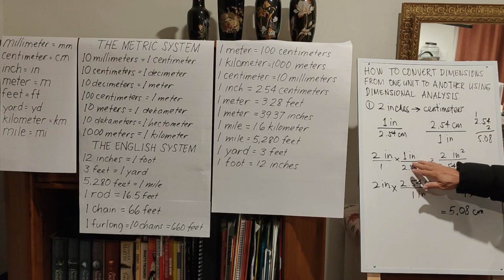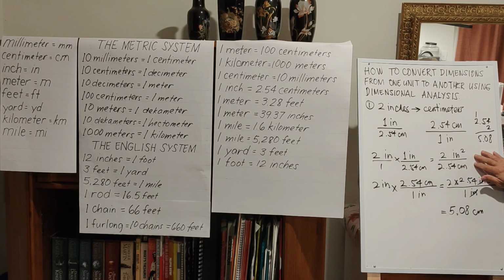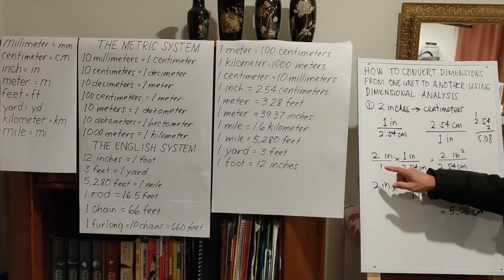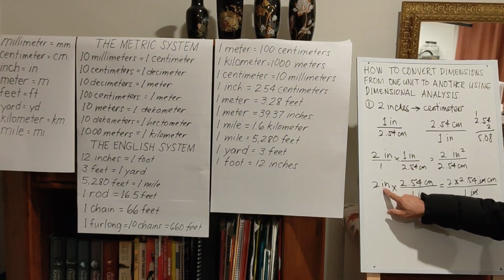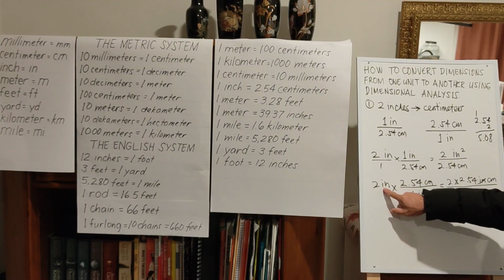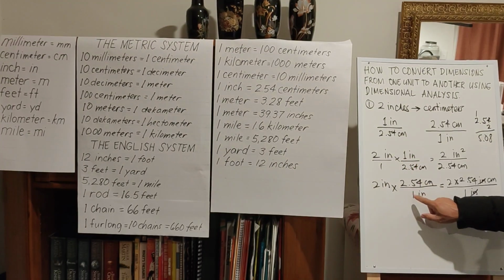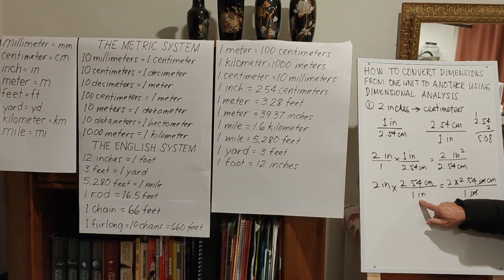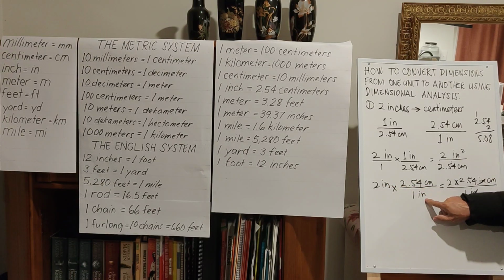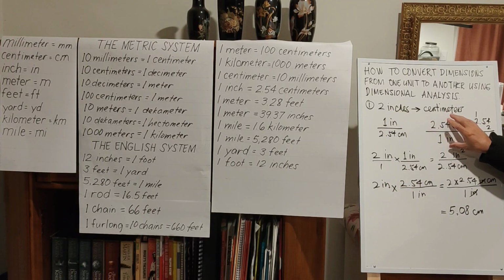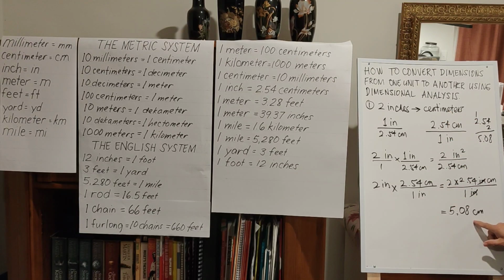In the first, we multiplied and the unit became complicated, but in the second it cancelled out. So what you need to remember is, if you have inches in your question, you need to use the fraction where the inches would be in the denominator, so that it can cancel out. So we choose this one to cancel out the inch, and you are left with the correct dimension.